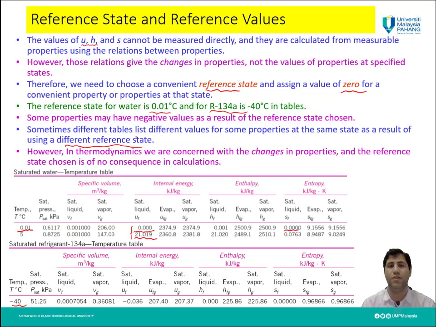So according to this sentence, you may see different property tables for a material because they may select different reference points for their thermodynamics table. But usually this is a standard, and usually these reference states are chosen for these thermodynamics tables.